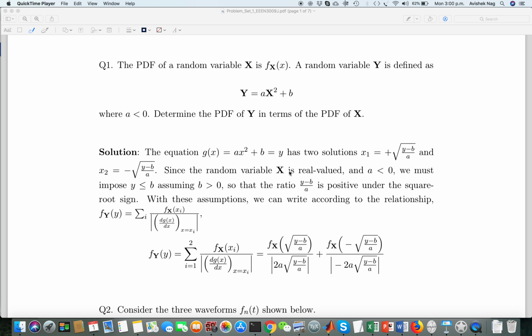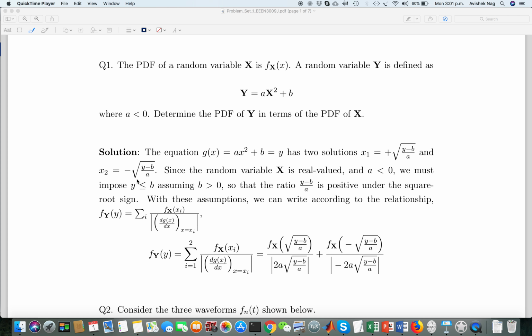Since the random variable x is real valued, the solutions for the values that it might take should also be real valued. And since a is less than 0, to make the ratio (y minus b) over a positive, y minus b also has to be negative.